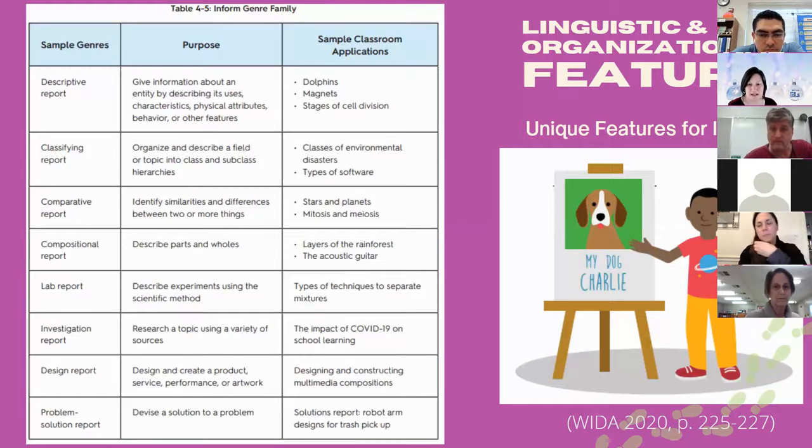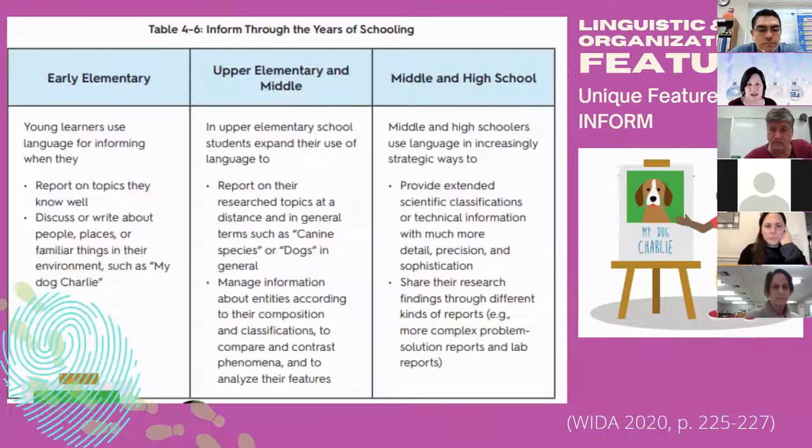All right, so we can see here some of these examples. Thank you for sharing those out. And now we can look at it through the years. And it does change. I'm going to show you this again in a different way in a few slides, but it does change dramatically through the years of schooling, because we do begin at those young levels. And think about, this is not necessarily just what English learners do, but what the early elementary curriculum requires versus as the curriculum goes on through the years.